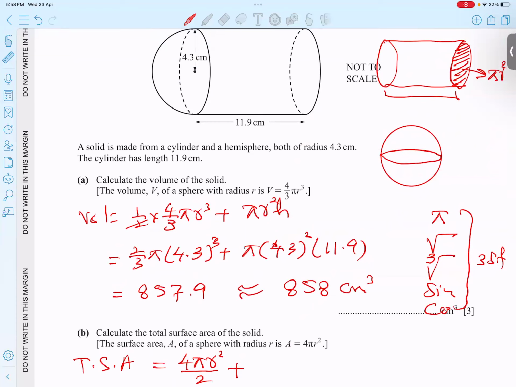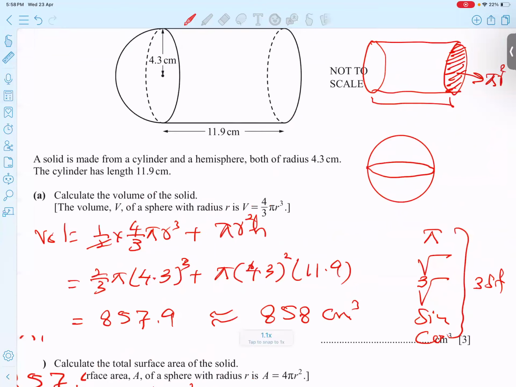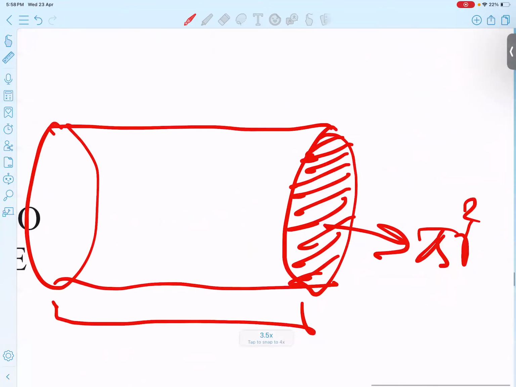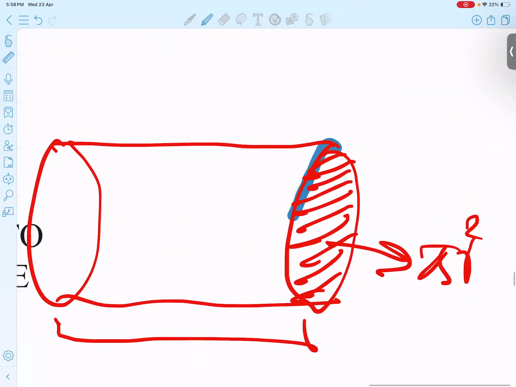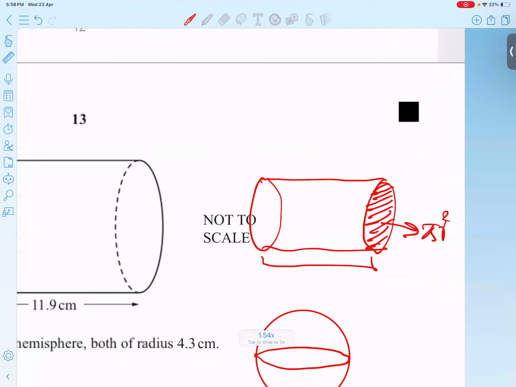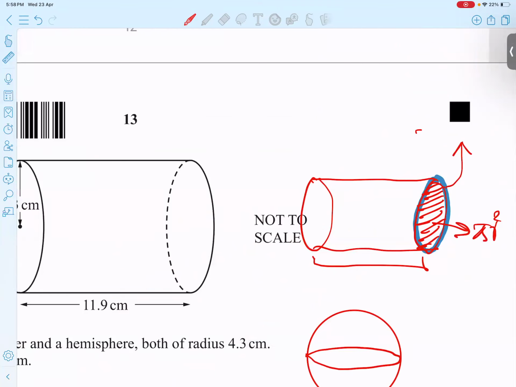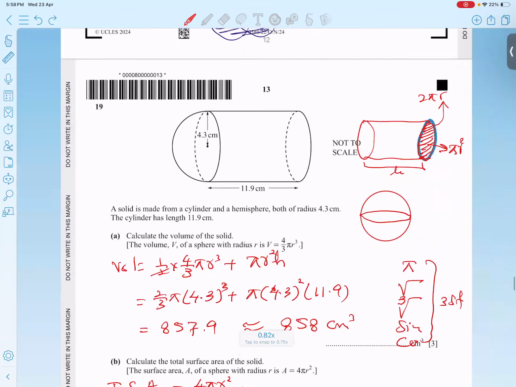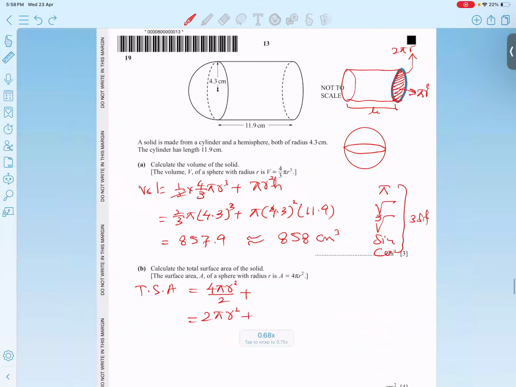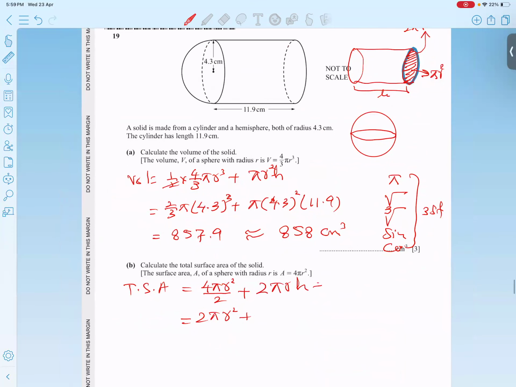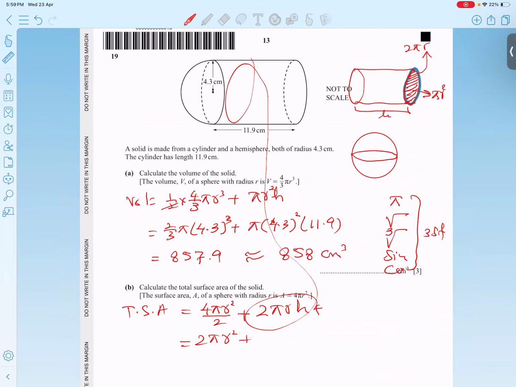Cylinder is actually curved surface area. Look here, students, what is the best way? The perimeter of the cross area is 2 pi r into h. I repeat, there's 2 pi r and into h. Anyway, it's given in the new formula sheet. So I'm writing here 2 pi r times h. So I got the curved area of the cylinder.